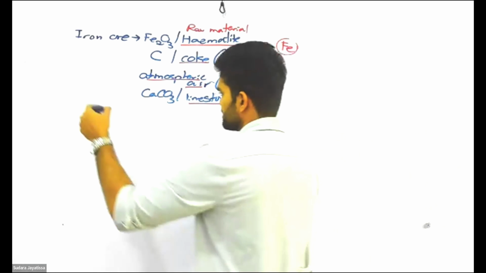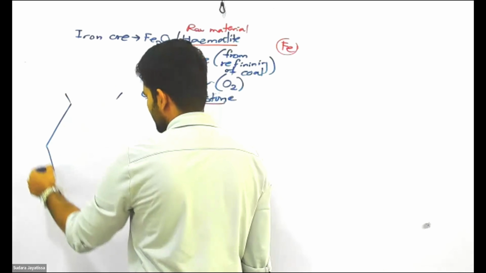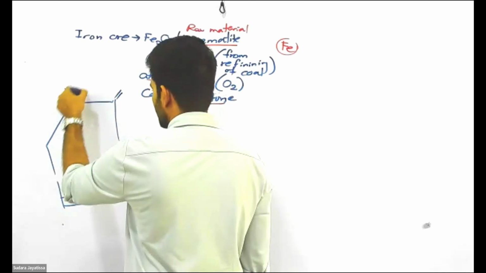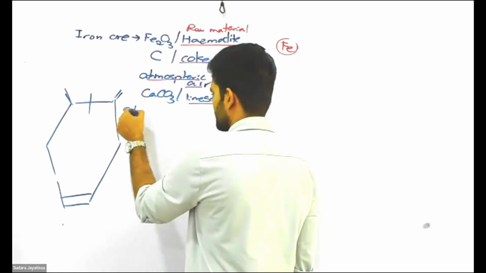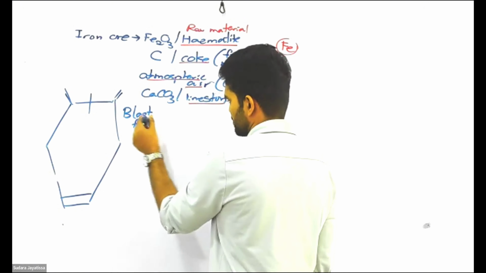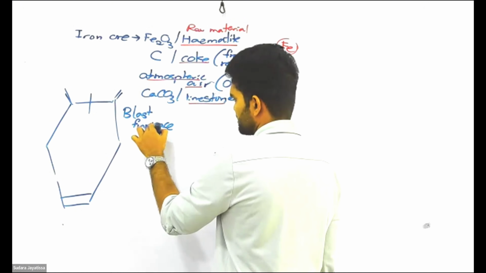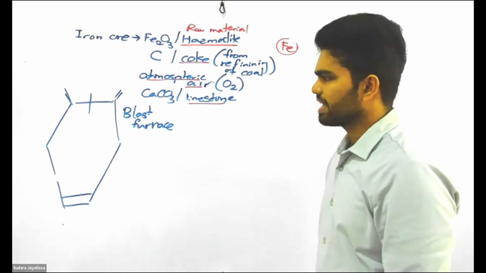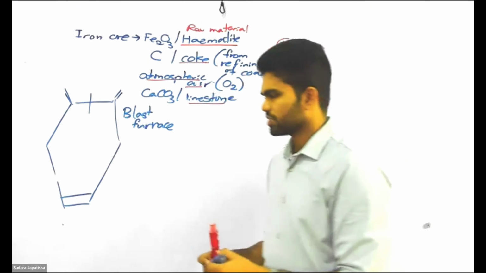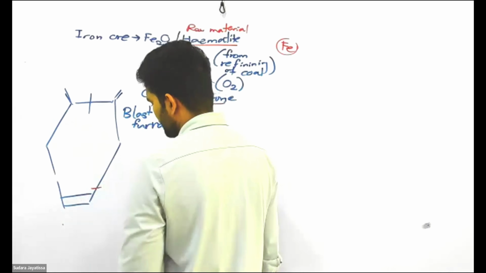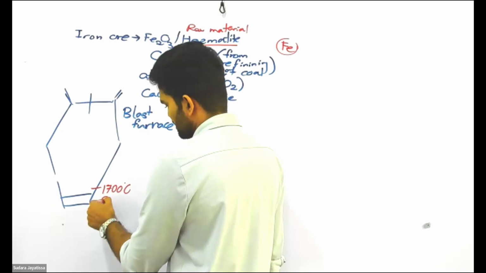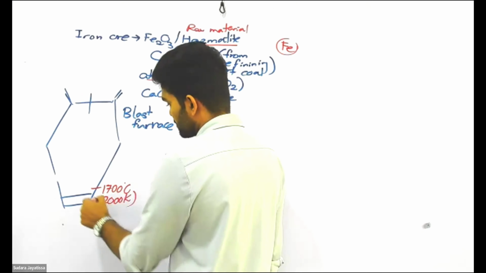Now listen. For this iron extraction, we are using a setup called a blast furnace. We call it a blast furnace because a very high temperature is maintained. Books say that at the bottom of the blast furnace, we have approximately 1700 Celsius, or simply 2000 Kelvin.